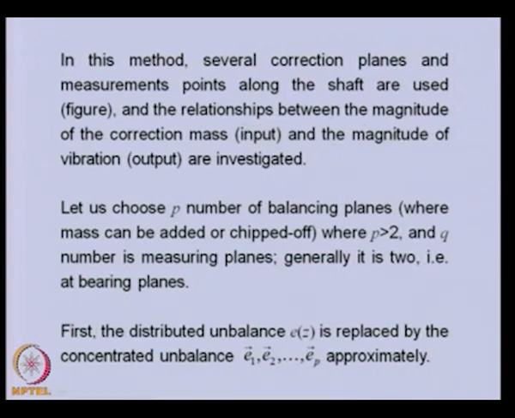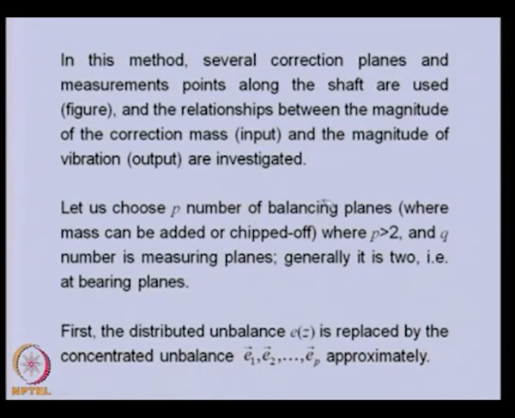The magnitude of the vibration, that means the output, we will be measuring at the location of the sensor. Those correction masses we keep onto the balancing plane will be known to us. So, basically we are trying to relate the input and output for this case when we have p number of balancing planes and q number of measuring planes.